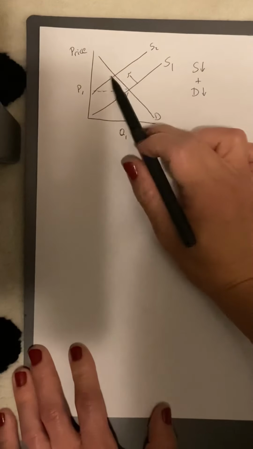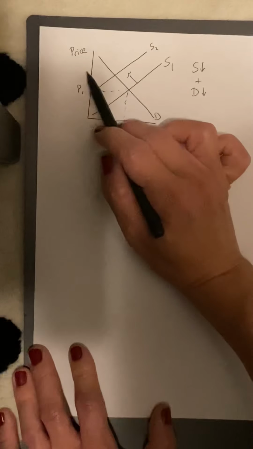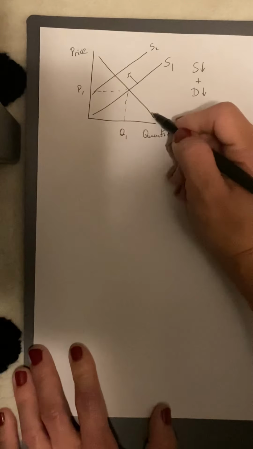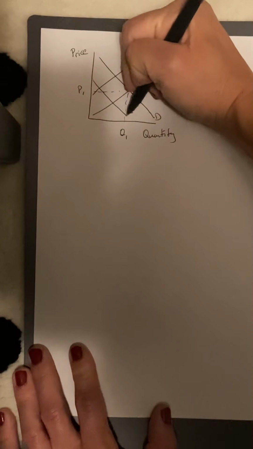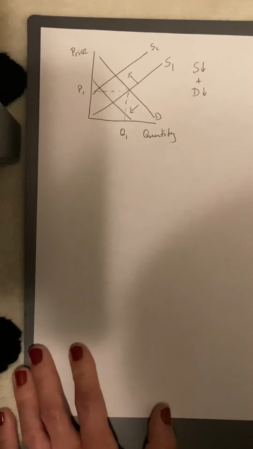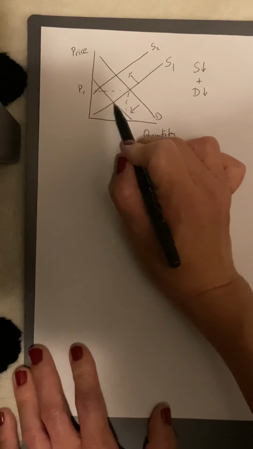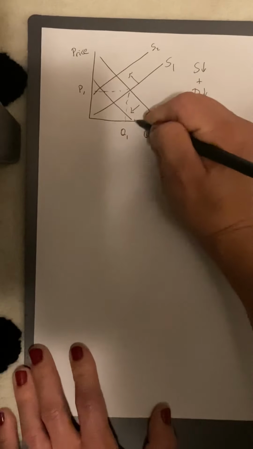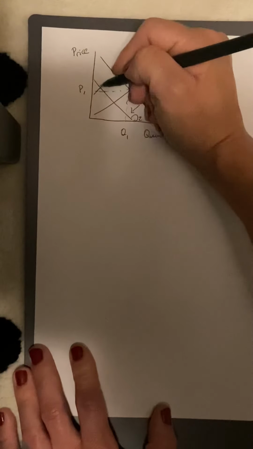Now, lower supply means less quantity supplied and a higher price. Now, lower demand also means we have less quantity, right? Because people simply don't want as much, but it means lower prices. We don't know if both will shift by the same extent.